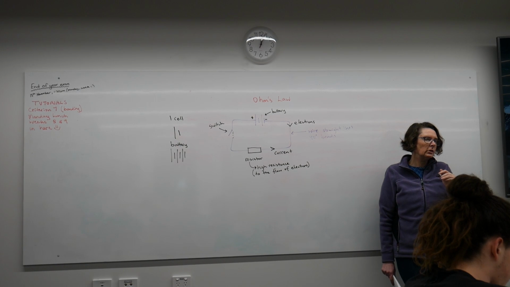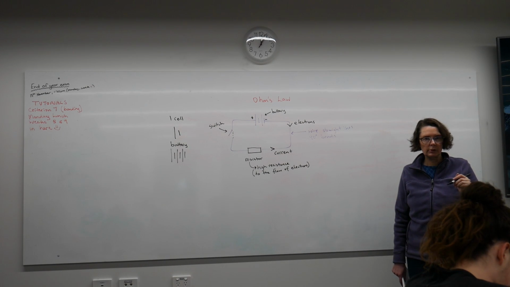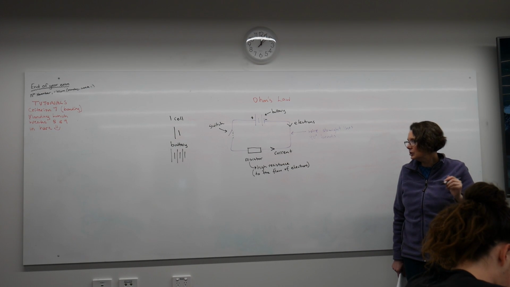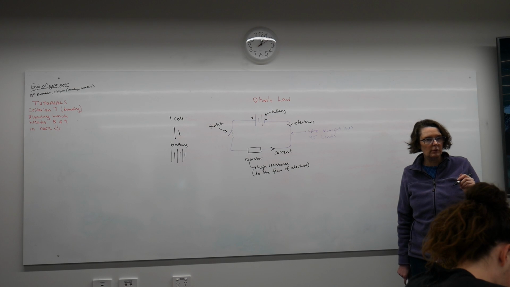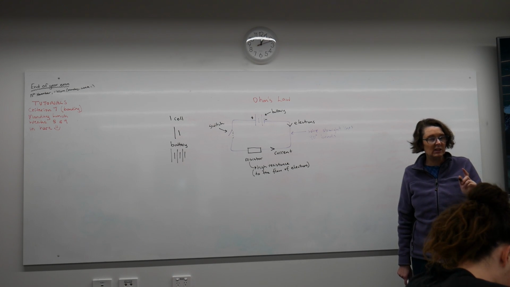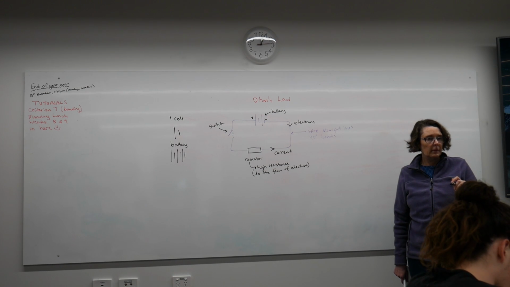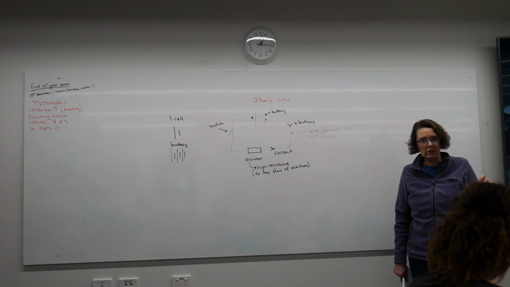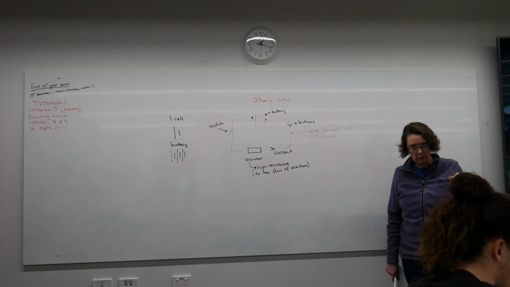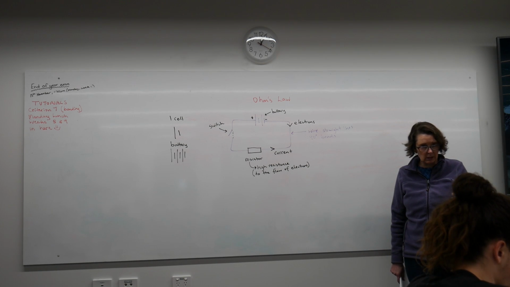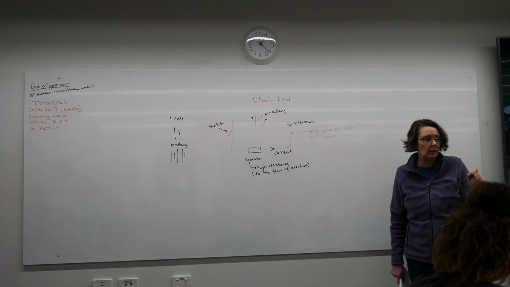And so it's going to make it harder for the electrons to flow. But it doesn't just make it harder for the electrons to flow in the resistor. The flow of the electrons is constant in the circuit, and so this is going to dictate how fast all of the electrons move.